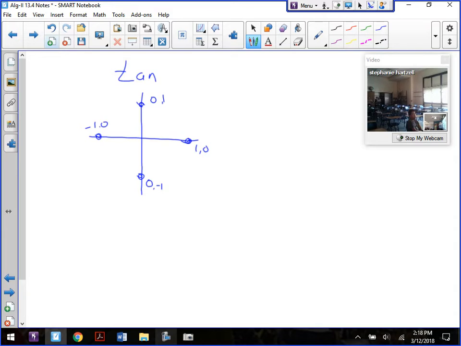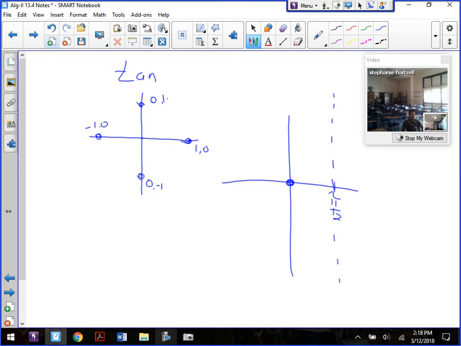We knew that at 0, it's y over x. What's 0 divided by 1? 0. Okay. At pi over 2, if I go up to pi over 2, it's 1 divided by 0. Can I divide by 0? So what would be the tangent at pi over 2? Undefined. When you graph something that's undefined, what do you put? An asymptote.